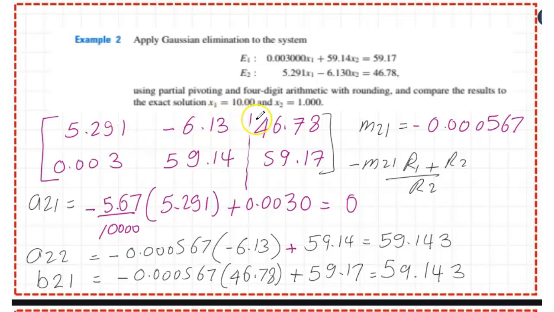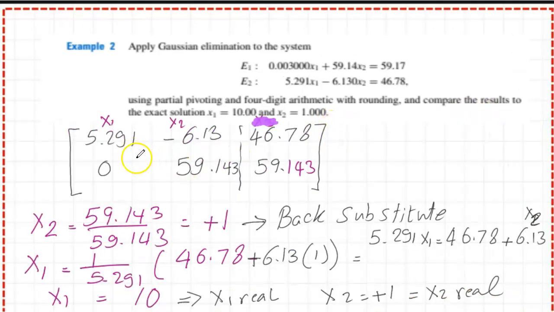Again, this is the augmented matrix. M sub 21 is minus 0.000567. What is the new value of A sub 21? This is the last slide. The R1 value has no change.